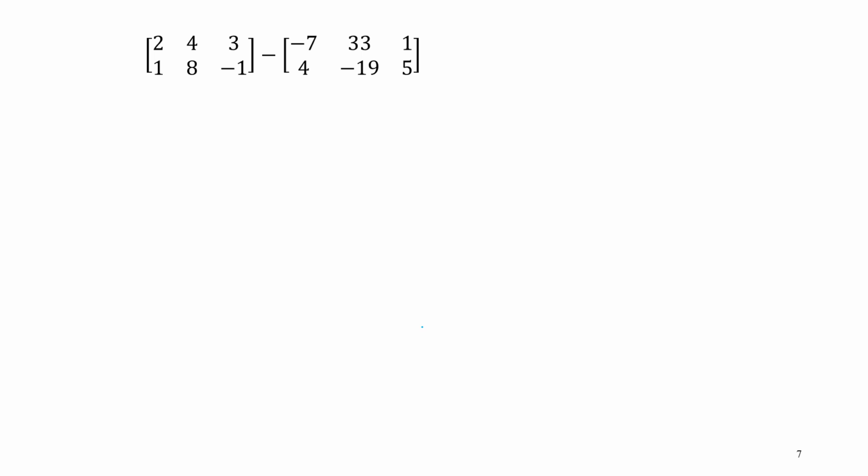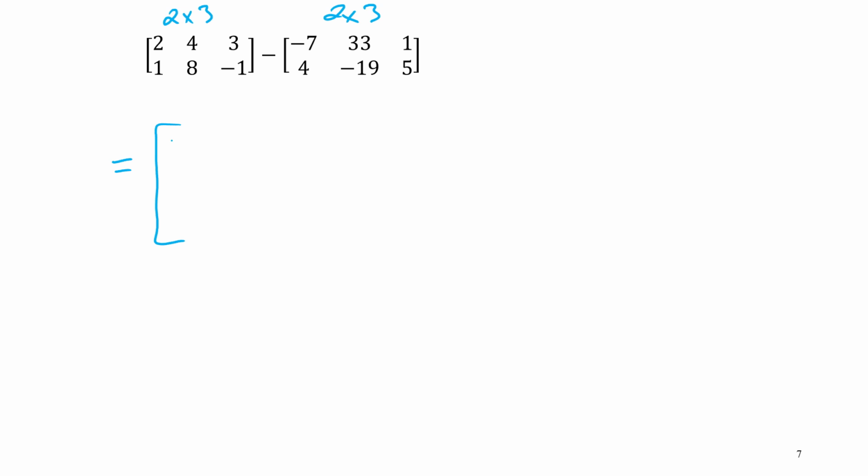Let's look at an example. We have this first matrix minus the second matrix. The first matrix is a 2 by 3, and the second one is also a 2 by 3, so we're able to add and subtract these matrices. In this case, we're going to subtract. I would write it out the long way.